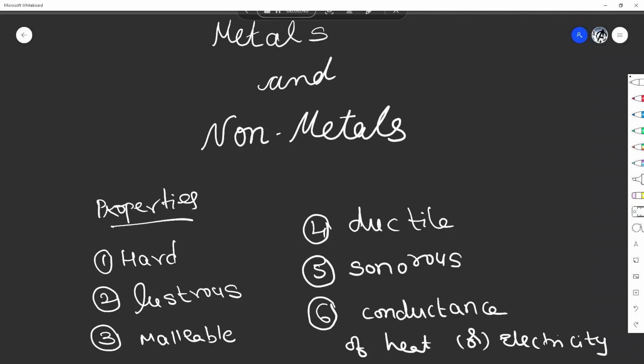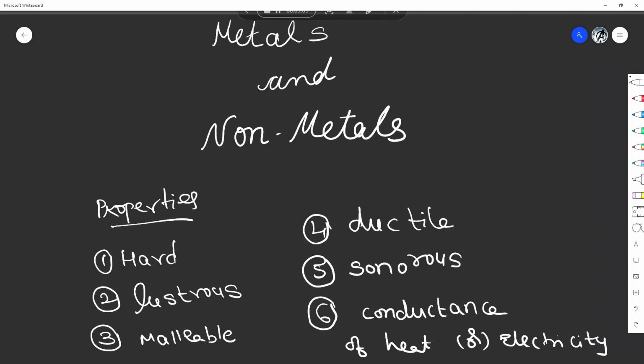Malleable. Non-metals need not take a form or a shape on beating. Ductile. As discussed, non-metals need not be ductile, need not be extendable. Yes, some non-metals are extendable because of their properties, but all are not. Next, sonorous.